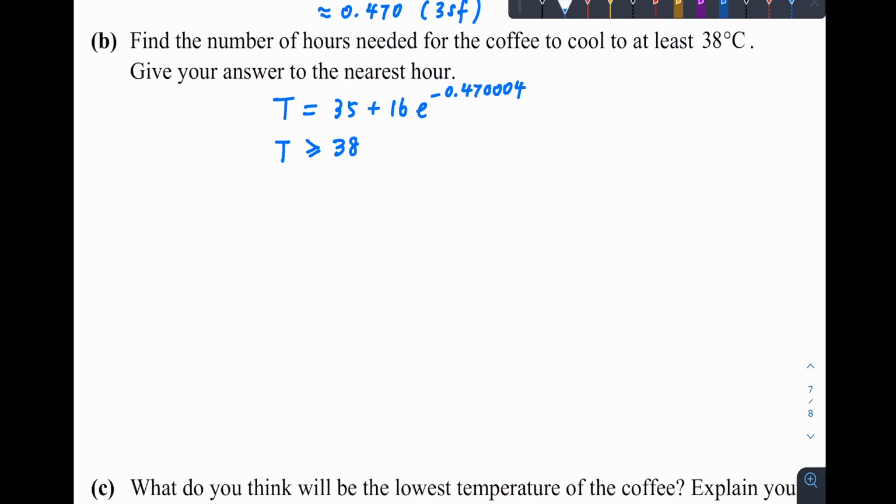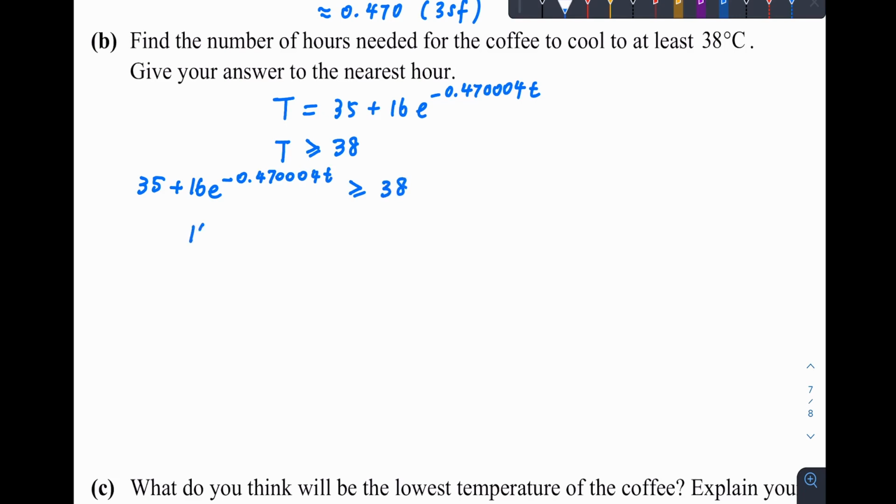So we're going to replace T with what we found just now, 35 plus 16 e to the power of negative 0.47004 t, and this must be more than 38.